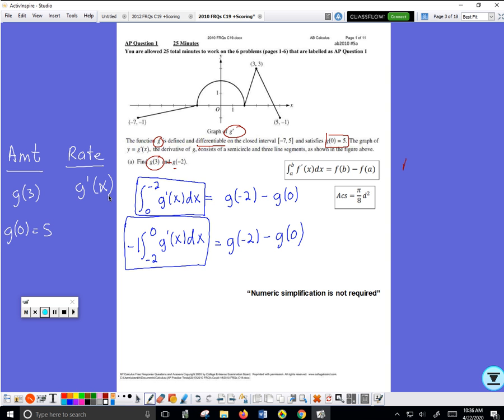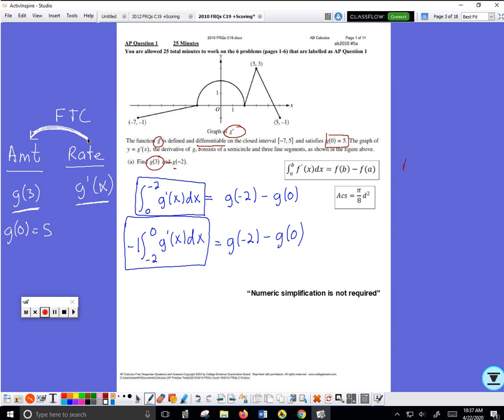So the big clue is I'm trying to find g of 3, and I have g prime. You just need to memorize that that's a fundamental theorem. I think making this little chart is really helpful. It doesn't take very long once you do it a few times on problems, and it helps show you right away which way you're trying to go. Because I'm going from rate to amount, that's the fundamental theorem.